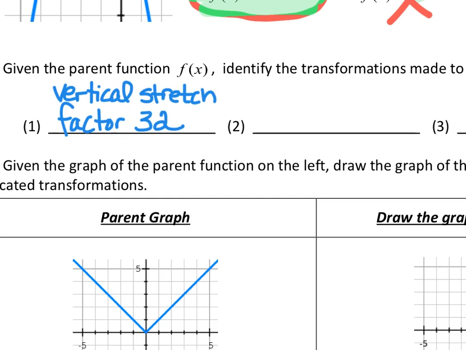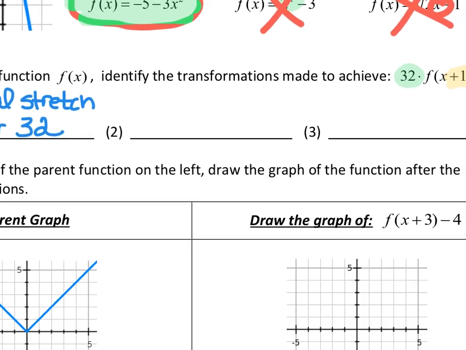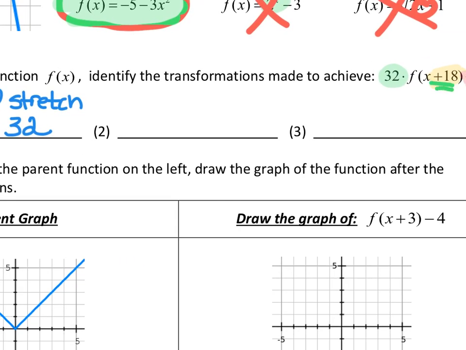As you move from the left to the right, you see that the 18 is added inside of the parentheses. And so when you are looking inside the parentheses, keep in mind that insiders lie. Since we have a number that's added here, that's going to tell us that it's a shift to the left.